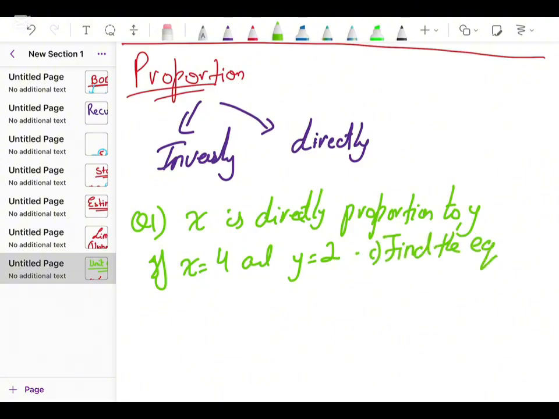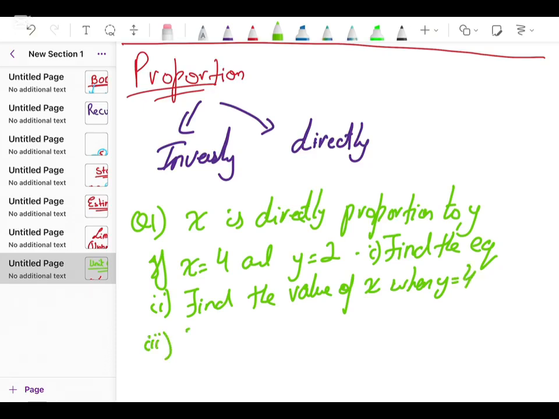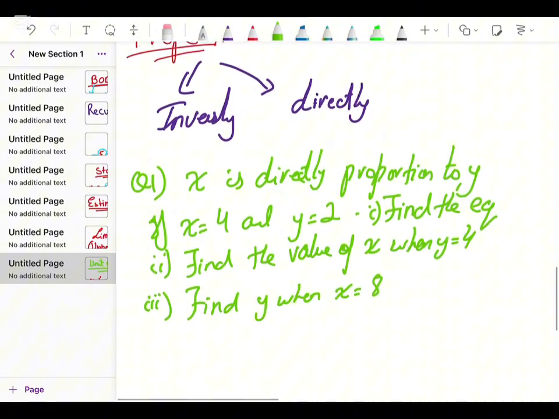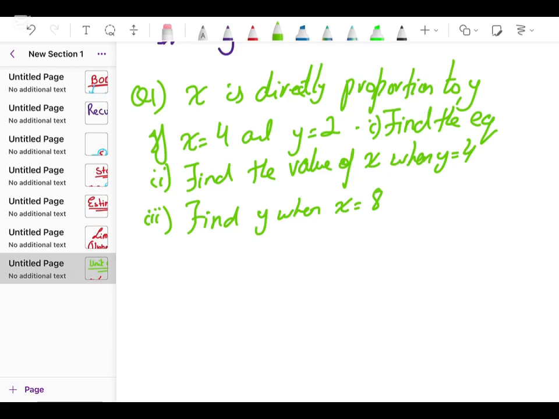This is the first part. Second is find the value of x when y is 4. Third part, find y when x equals 8. So this is basically the question. So now how can we make an equation in this.